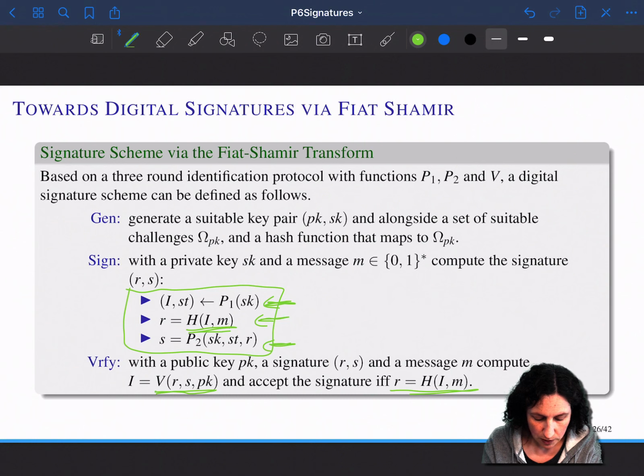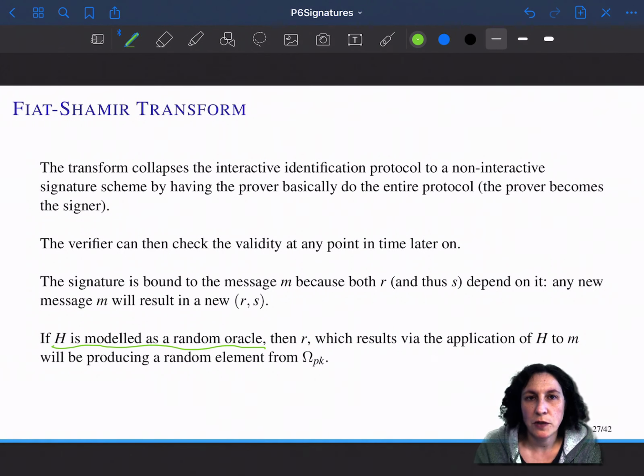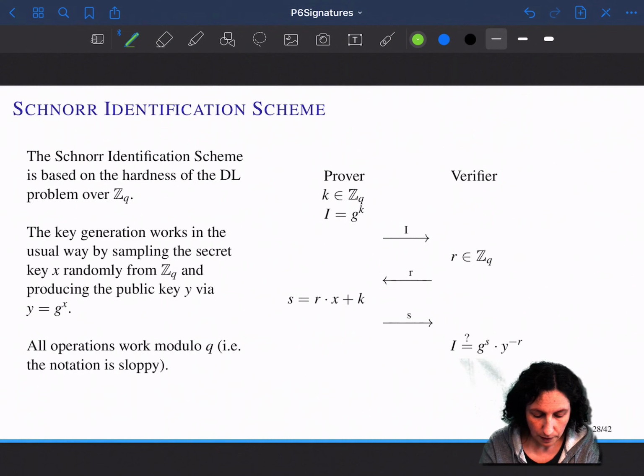And then S, because it depends on R, ultimately is also tied to the value of M. So a different M will produce a different R and a different S. And this means that intuitively, there's a strong binding between message and the resulting signature.